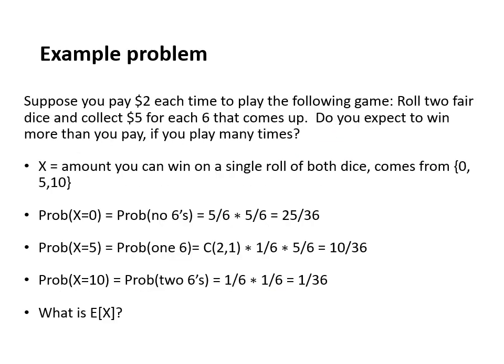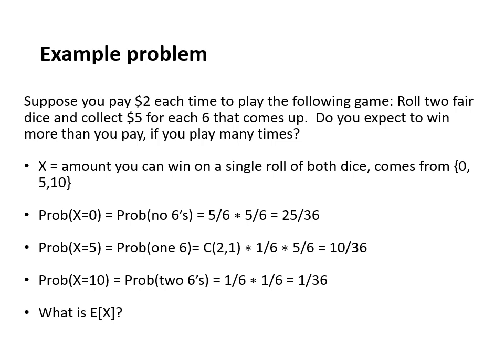So here is another example problem. Suppose we pay $2 each time to play the following game. We roll 2 fair dice and collect $5 for each 6 that comes up. If we are paying $2 each time we play, do we expect to win more than we pay if we play many times?